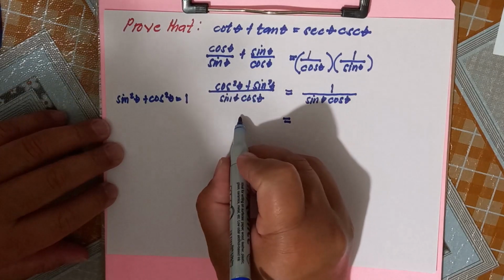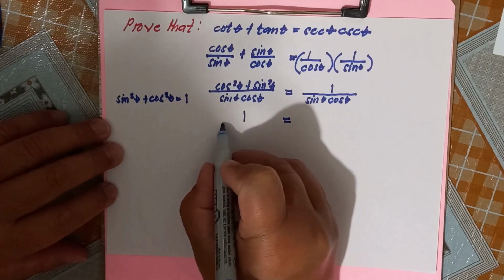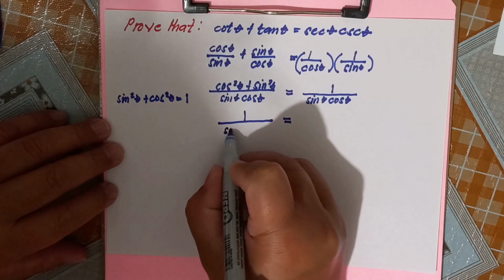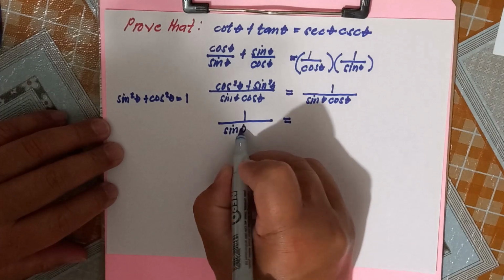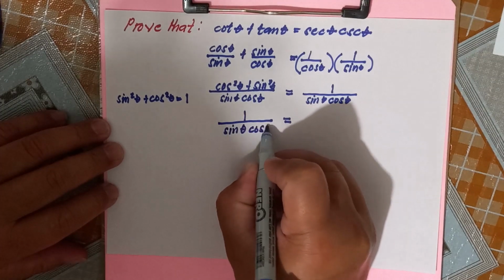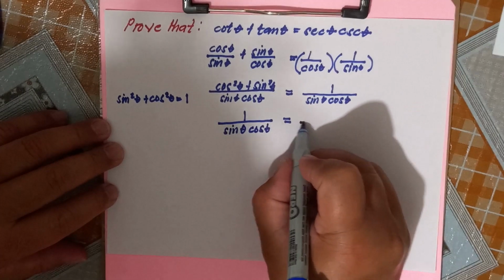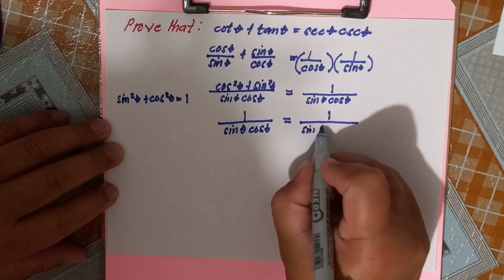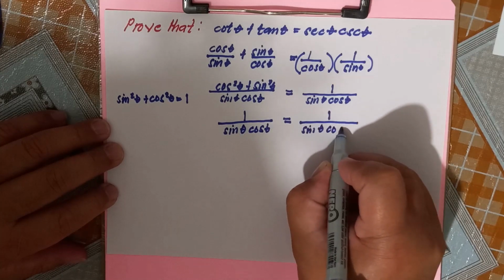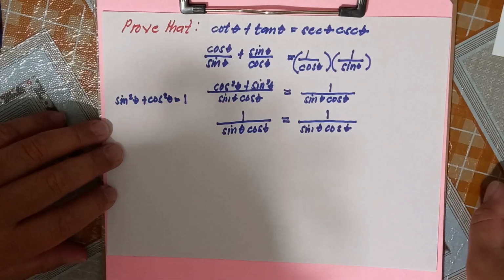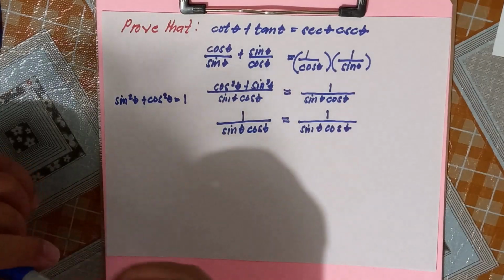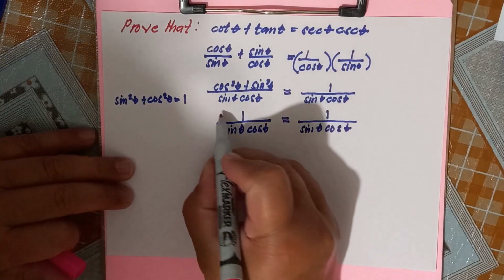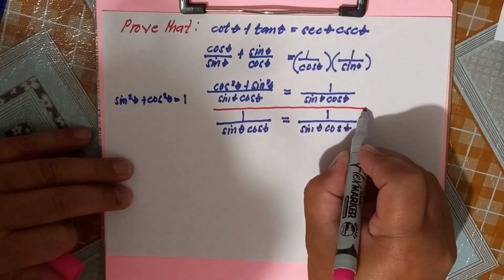So by substitution, the numerator is equivalent to 1 over sine theta cosine theta, which is now the same as the other side, 1 over sine theta cosine theta. Notice that they are already in the same form. They are already equal, so we are already done.